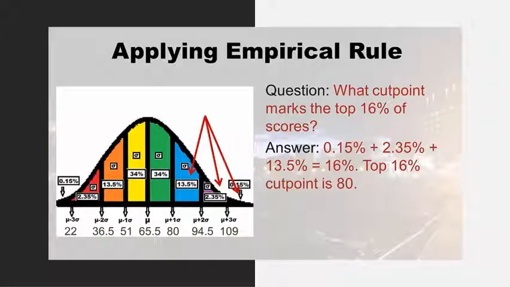Turns out if you add your 0.15%, your 2.35%, and your 13.5%, that all equals 16%. So this is all included in your top 16%, which would mean this would be your cut point that marks the top 16%. So 16% of your students scored above 80.